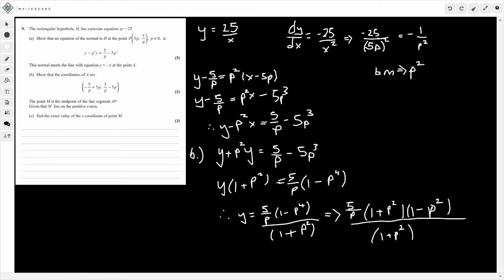So notice now we can cancel these terms here. The 1 plus p squared cancels with the 1 plus p squared there as well. So what do we get left with? We get left with 5 over p times 1 minus p squared.